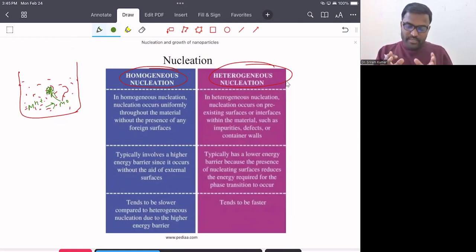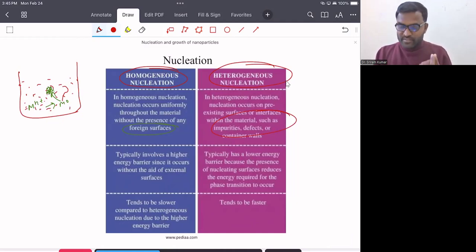So what happens in the homogeneous nucleation process? You have the same phase, right? This nucleation process starts when there are no foreign particles or foreign surface, so the nucleation starts within the system in the solution phase. However, in heterogeneous nucleation, we have an external or foreign surface.